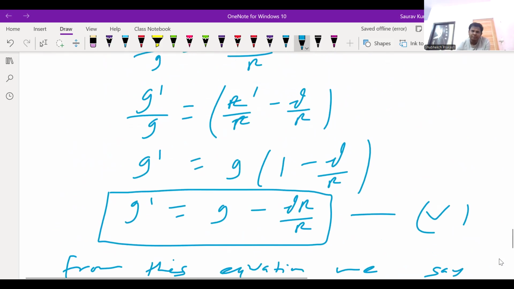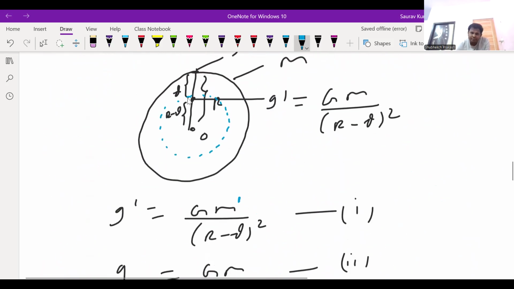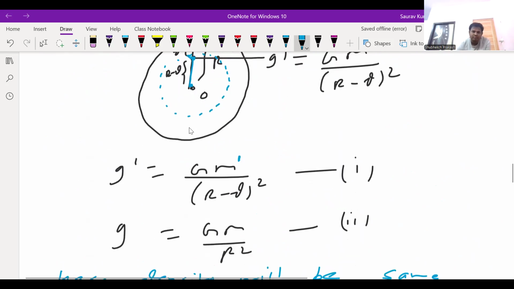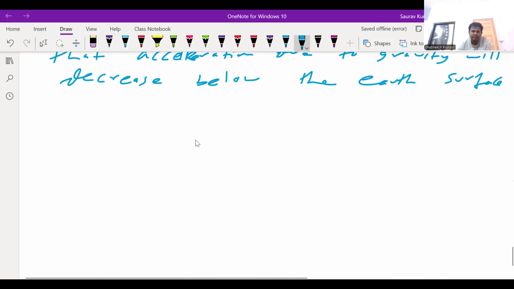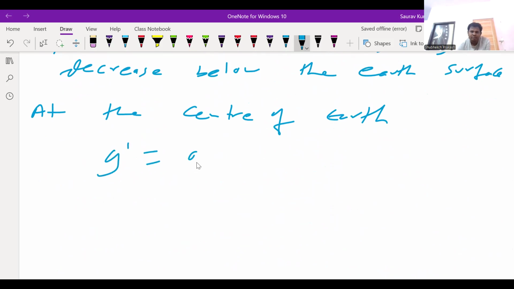And from equation 5, if this body reaches the center of the Earth, what will be the acceleration due to gravity at the center of the Earth? g is equal to g into 1 minus, instead of d it will be R by R. This will cancel, and this will be 0.